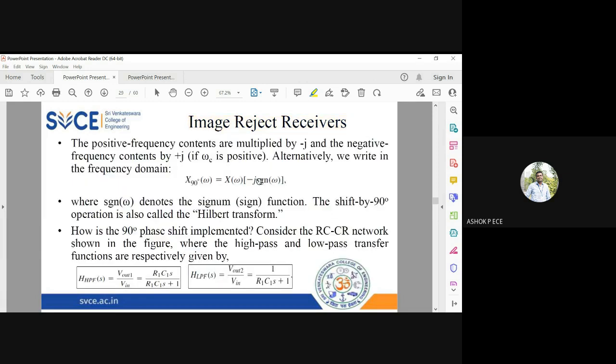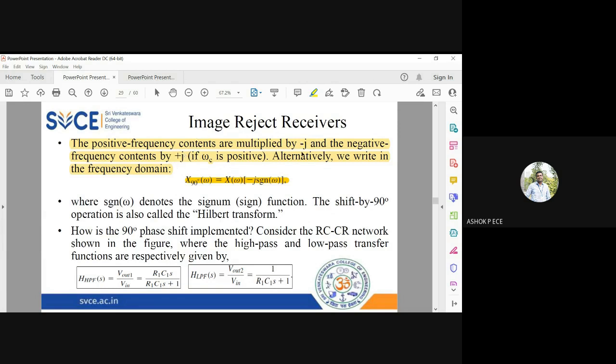So in the last class, we came up with an equation where we saw the involvement of the signum function. We saw the positive frequencies multiplied by minus j and negative frequencies multiplied by plus j. So this is seen in the frequency domain.